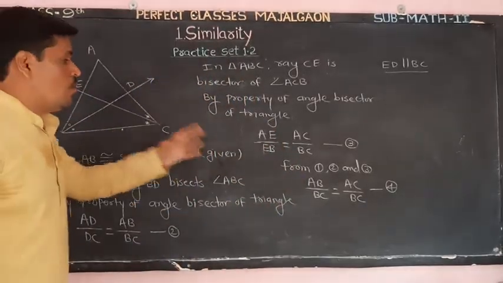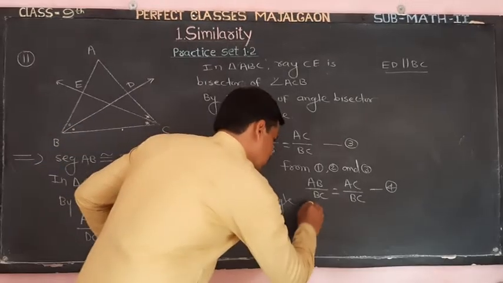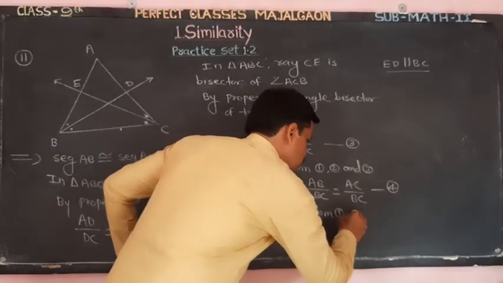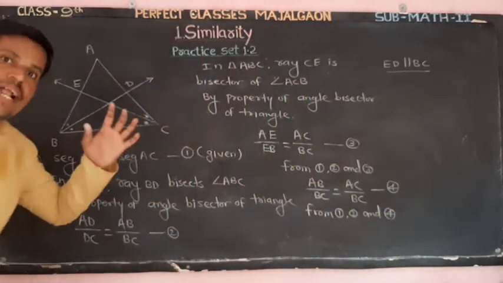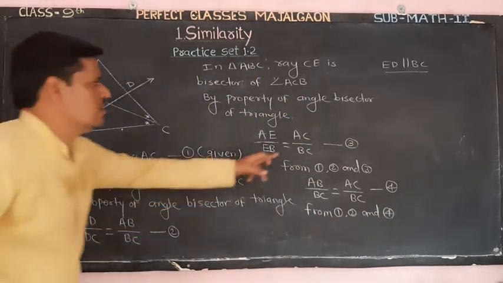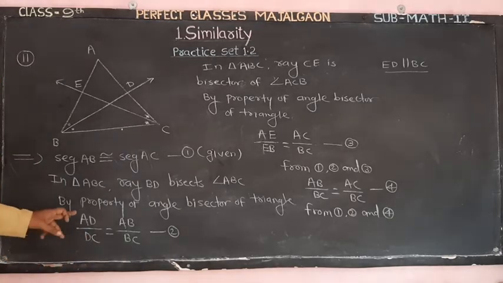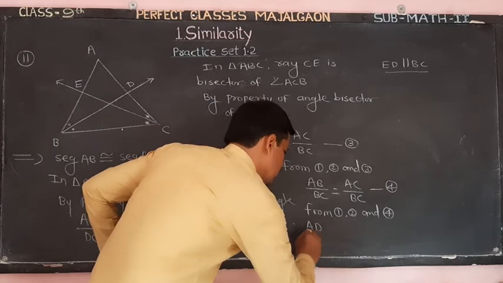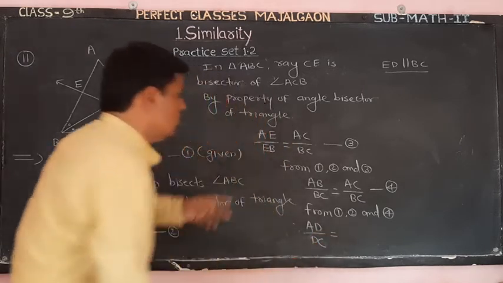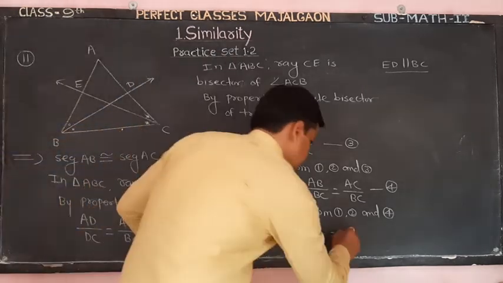Now from 1, 2 and 4. From equations 1, 2 and 4 we get that these two sides are equal. Therefore AD upon DC equals AE upon EB.